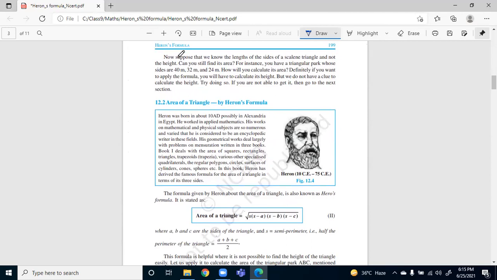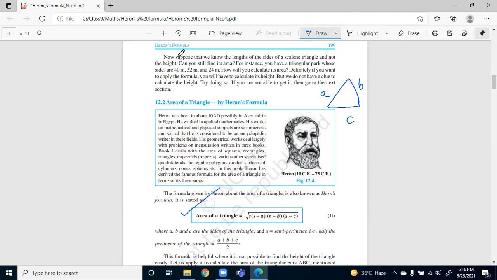Okay, so now comes Heron's formula. If we know the length of all three sides, let's say it is a scalene triangle and the lengths of the sides are a, b, c, then also I can find the area of the triangle, and the formula is root of s, s minus a, s minus b, s minus c.